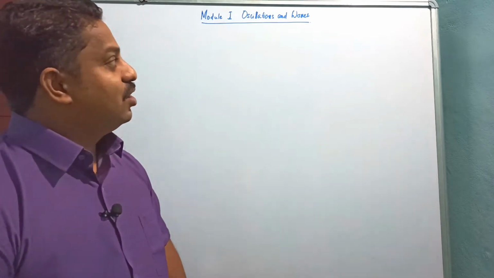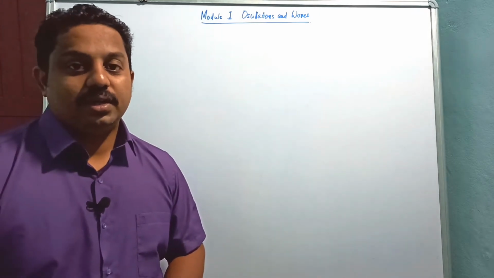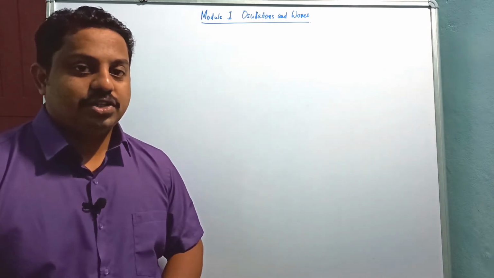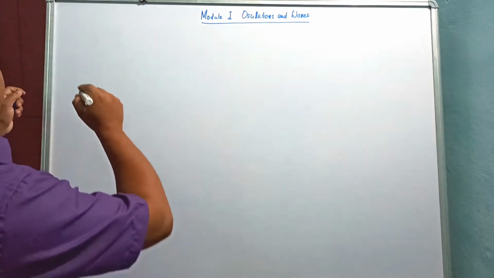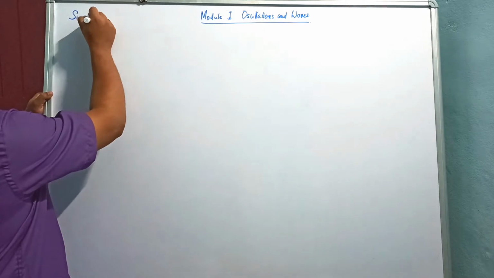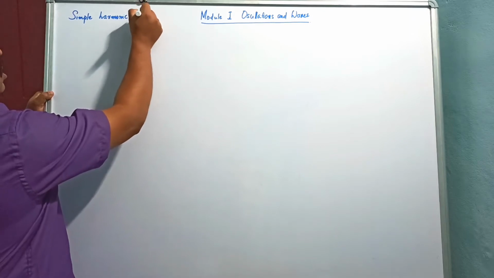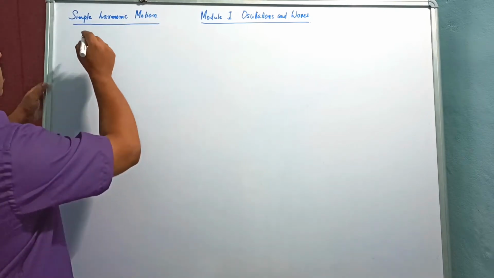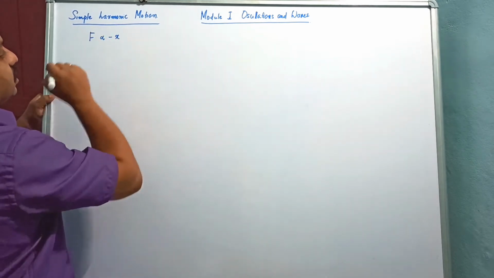For example, if we consider a particle of mass m executing simple harmonic motion, and x is the displacement of the particle from the equilibrium position at any instant t, then the restoring force acting on the particle can be written as: the restoring force F is directly proportional to minus x.